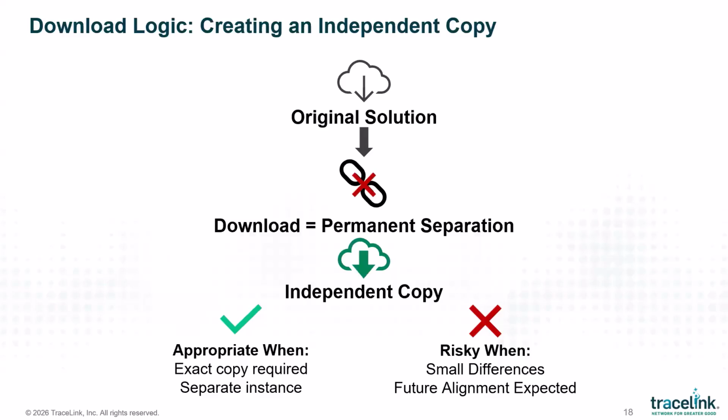Download is not intended for small adjustments to an existing solution. If changes are required after downloading, a new version must be created and progressed through the lifecycle. Download creates a separate solution instance, which must be managed independently once activated. Just note the solution must be in a release state, i.e. the latest version, before using download.